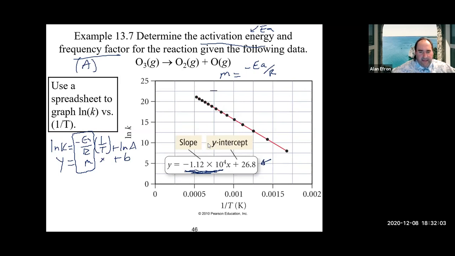So that would give us negative 1.12 times 10 to the 4 is equal to minus E of A over R, which is our 8.314 joules per Kelvin per mole.